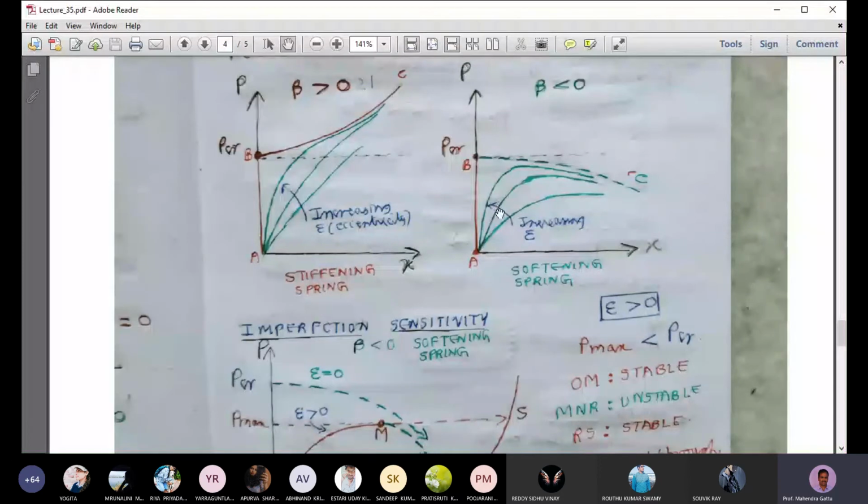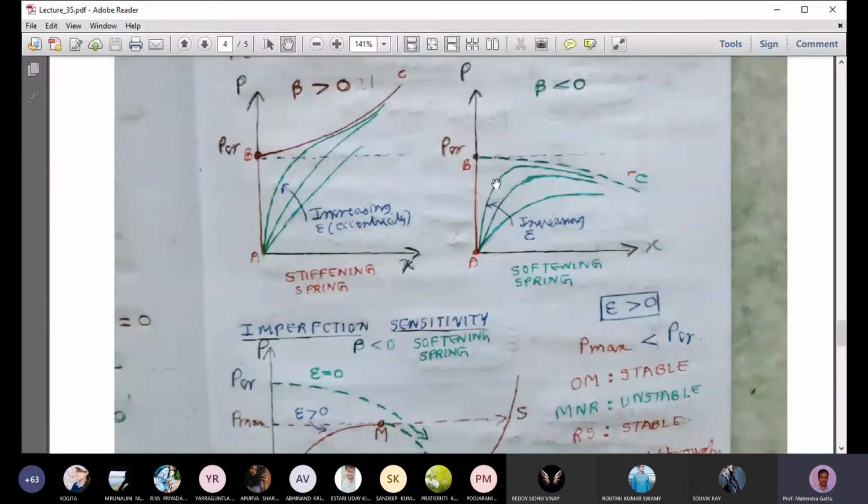As the eccentricity epsilon decreases, this P-x curve will approach the vertical line, and here P max is less than P critical. This is interesting because although we can theoretically get P critical, the experimental value P max is less than P critical.